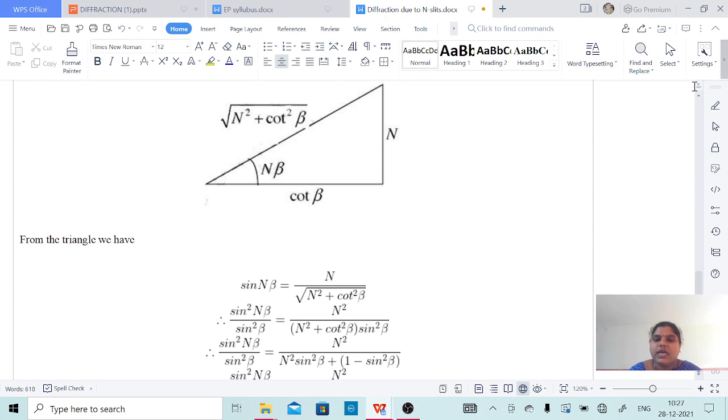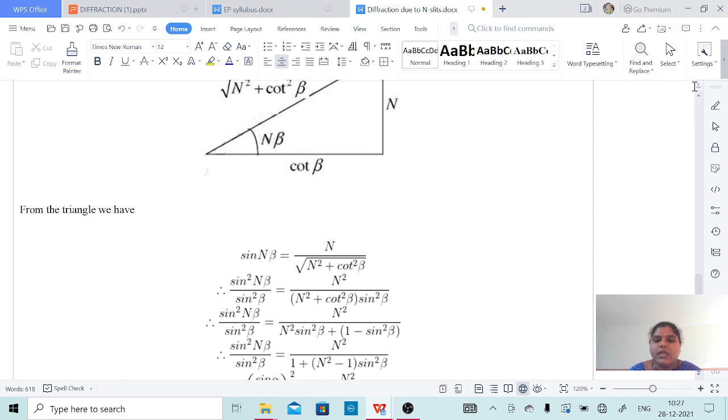From that, we can write sin square n beta by sin square beta. So n square by root square gets cancelled into sin square beta. So sin square n beta by sin square beta equals these terms, and here we are writing cos square beta as 1 minus sin square beta, because cot square beta into sin square beta gives cos square beta.